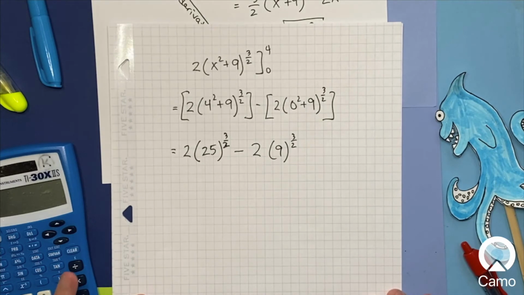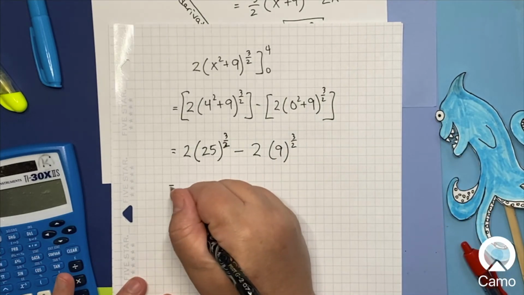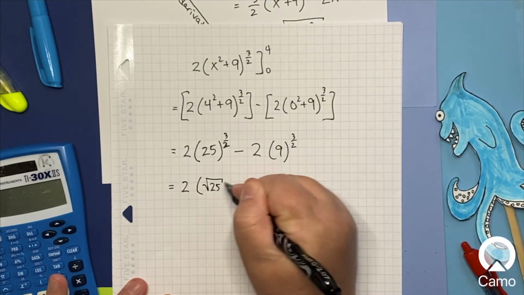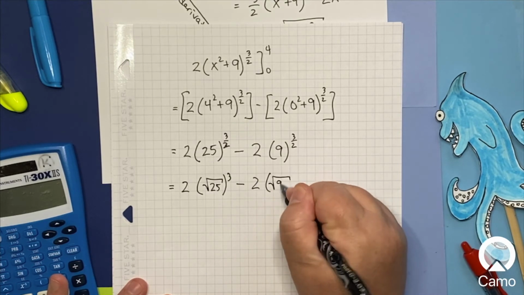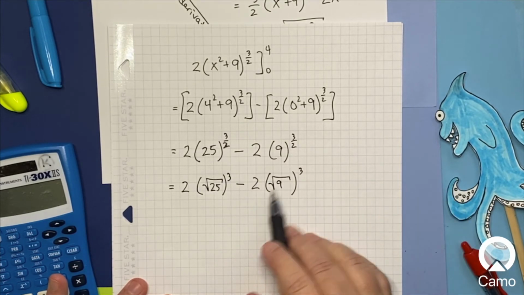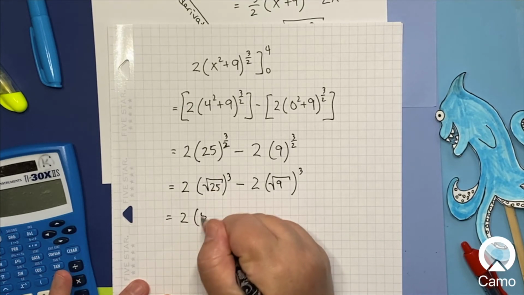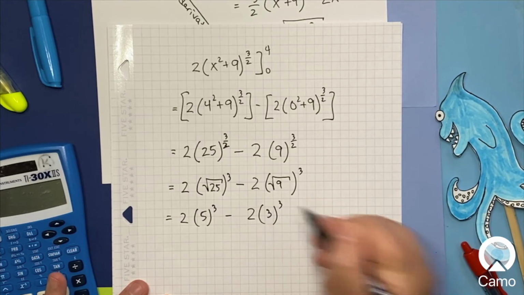Now we just have to remember how to do 3/2 as an exponent. I'll remind you that this is the square root of 25 cubed, and this is the square root of 9 cubed, right? It's 1/2, then cubed. So we've got 2 times 5 cubed minus 2 times 3 cubed.